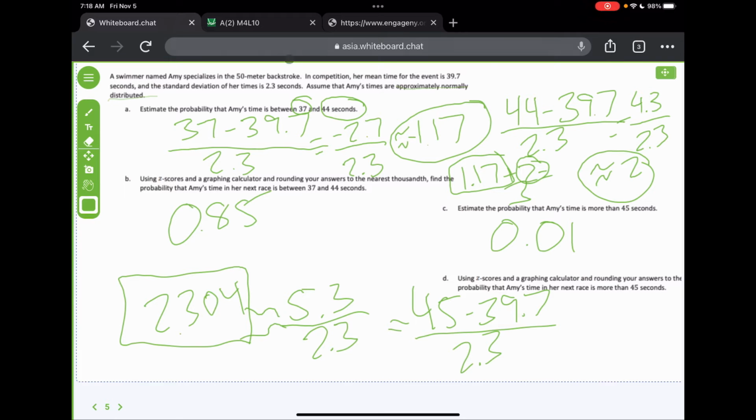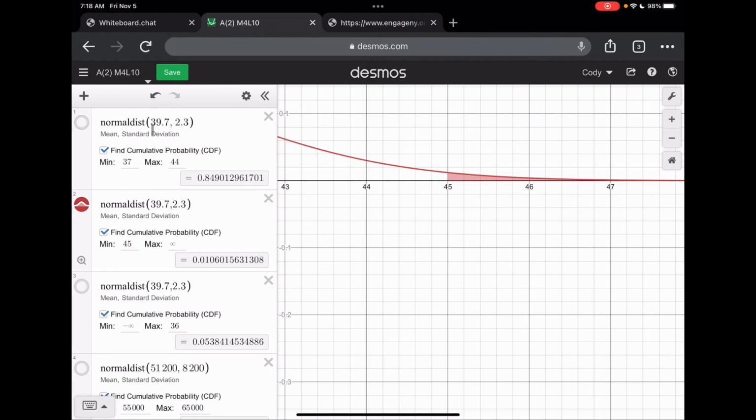So if we go back to our Desmos and we look at it again here, the only chance that she's going to be above the 45 is still 0.01.